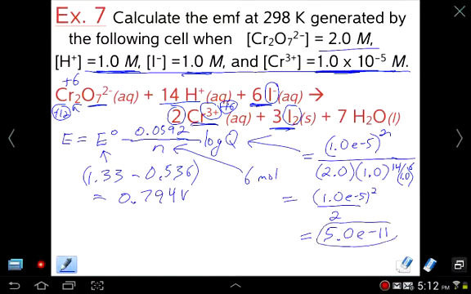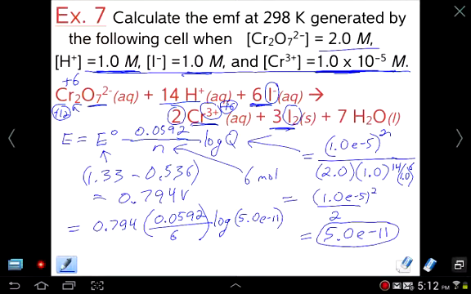So we'll have to use these values here. Let's plug all this into our Nernst equation. So we have 0.794 volts minus 0.0592 over 6 times log of 5.0 times 10 to the negative 11.